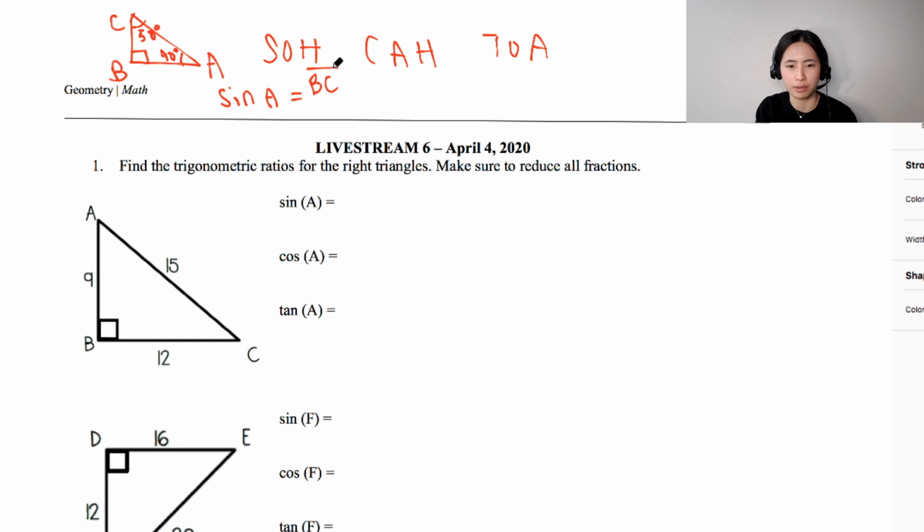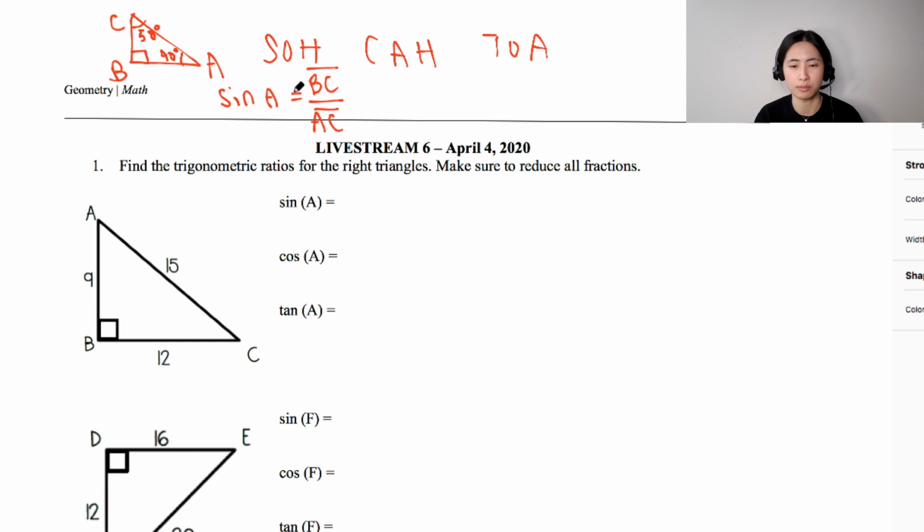Whatever that dimension is for line segment BC, this is going to be over your opposite side, because we know that the opposite side of 40 degrees would be BC or CB. And then this is going to be over your hypotenuse. So whatever the dimension is of your hypotenuse, line segment AC, that's how you're going to apply this concept.